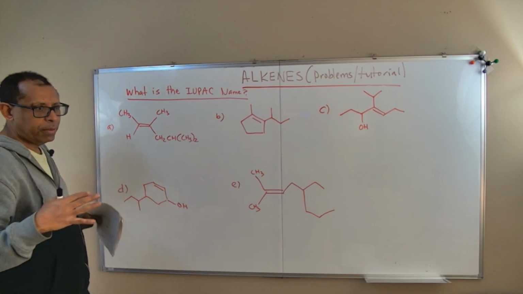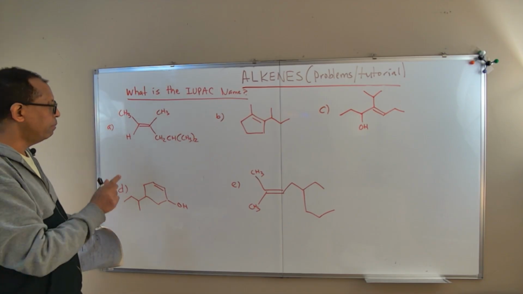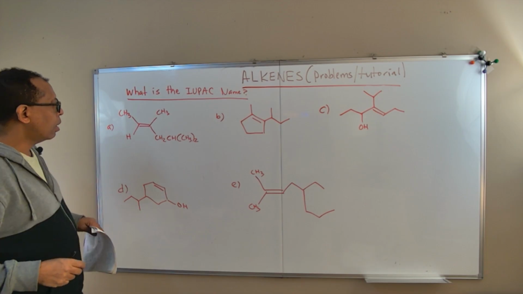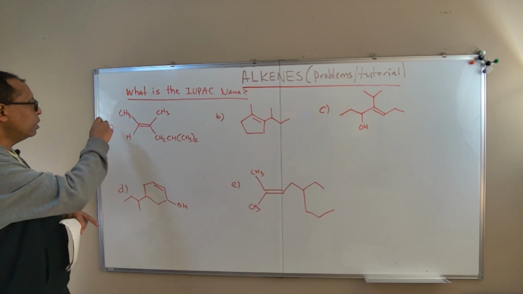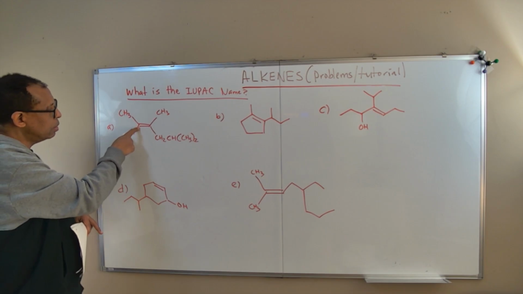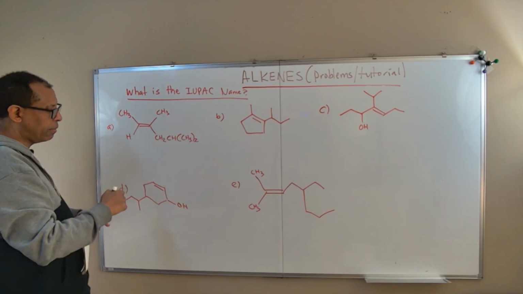You have to always find the longest chain that includes the alkene itself, because that is the main functional group in this compound. So in this case, it is 1, 2, 3, 4, so there are 5.